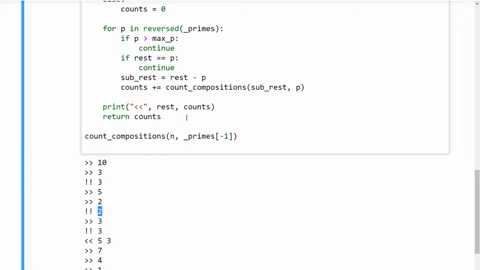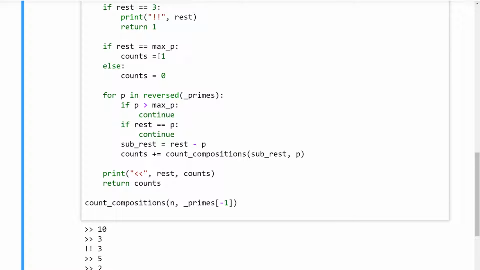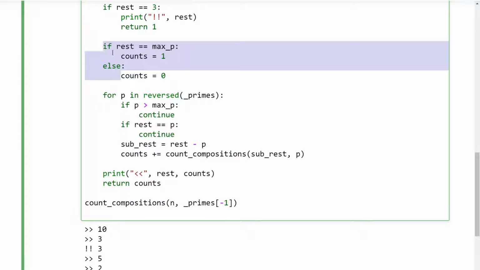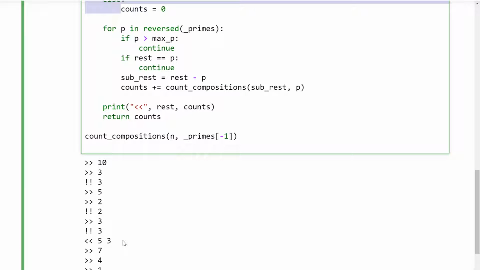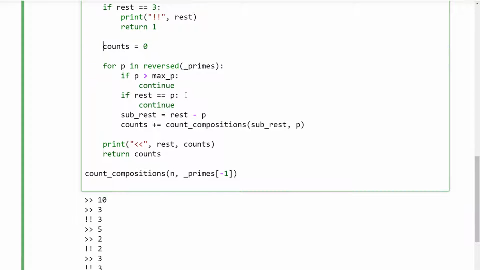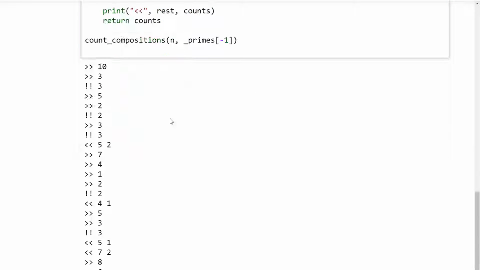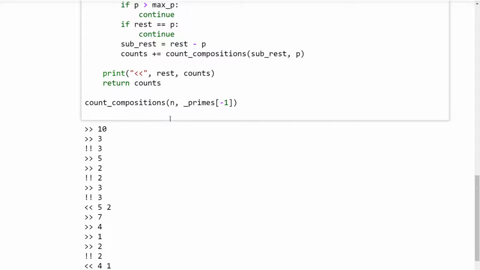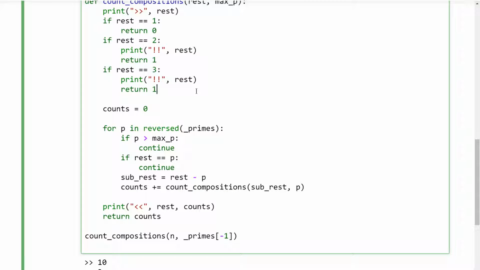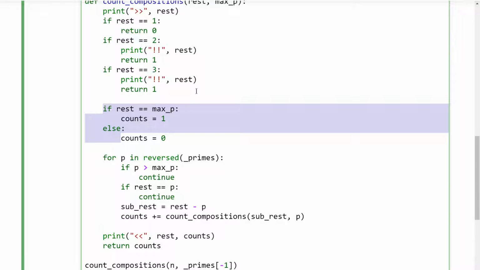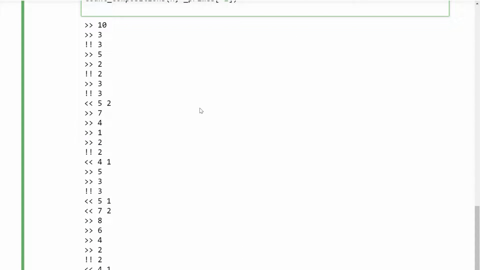Well, it's counting 2 and 3, but it's counting extra, so... No, because we already have the 7, 1, and for 5 there is 2 cases, so it's correct. Well, okay, but... Okay, then I guess this is the way. No, it's only 2. Well, the result should be 5, right? Yes.